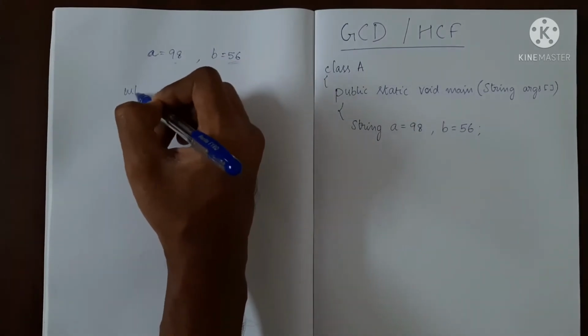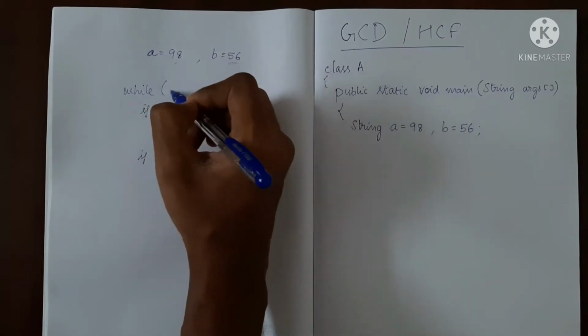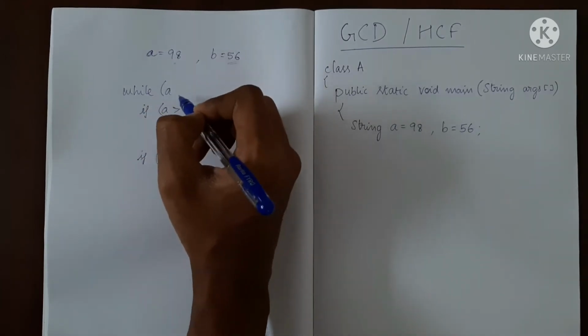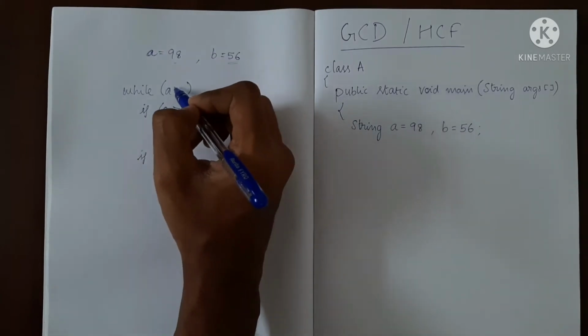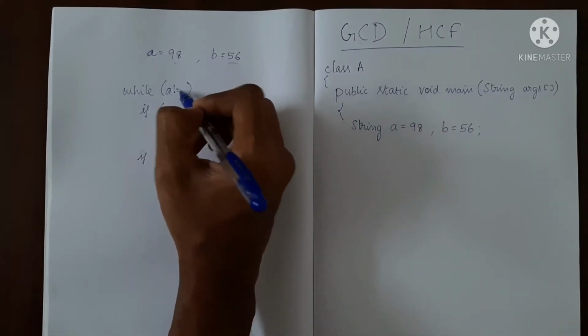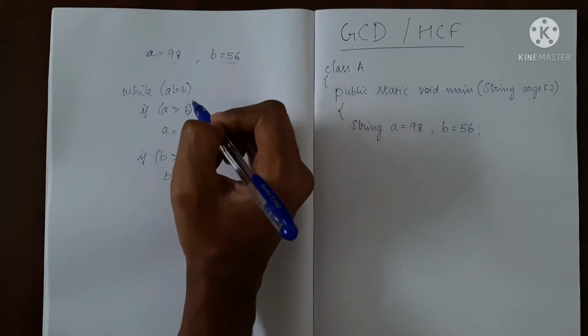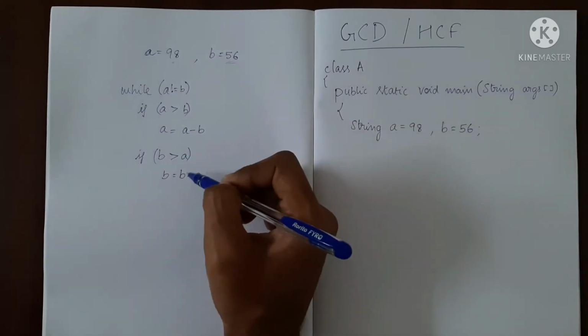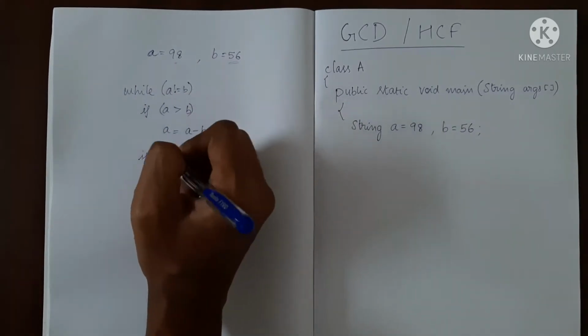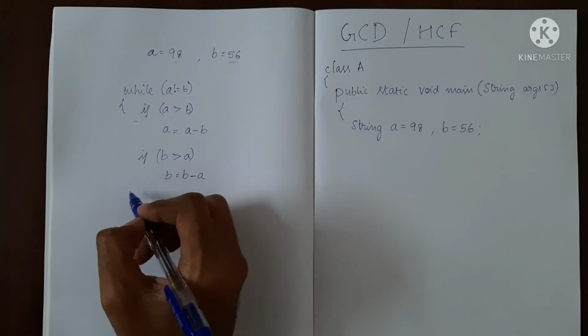So we have to repeat this until A and B are equal. If they become equal, we have to end the loop and come out.